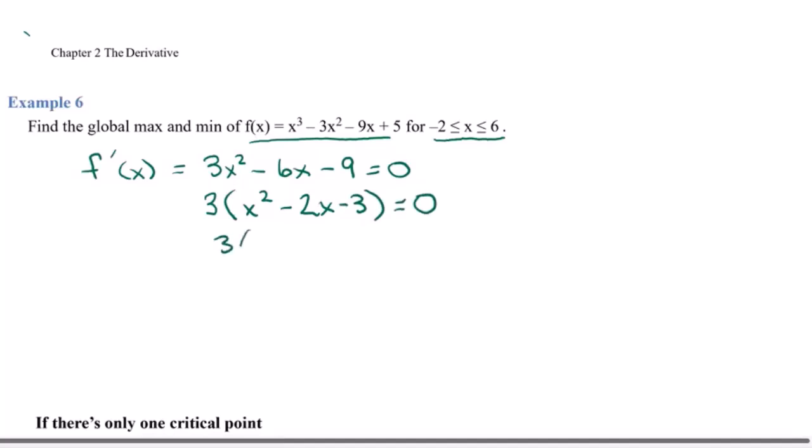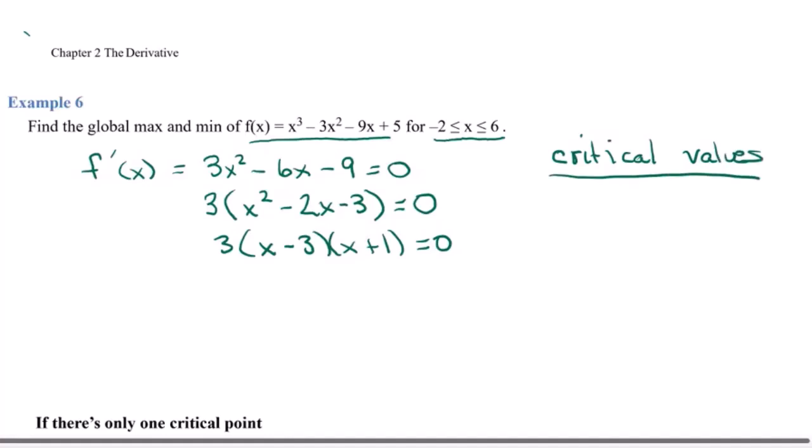But I can factor that as x minus 3 times x plus 1 equals 0. We have nothing that's undefined, but we do have critical values. So here our critical values are x equals 3 and x equals negative 1, because we set each one of these equal to 0 to find our critical points.